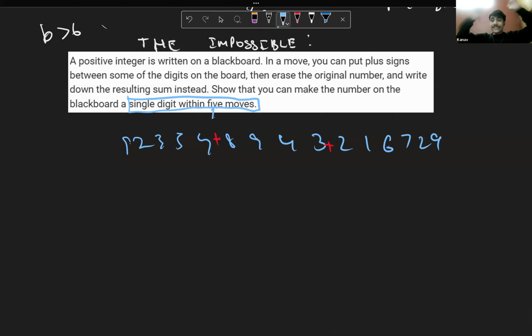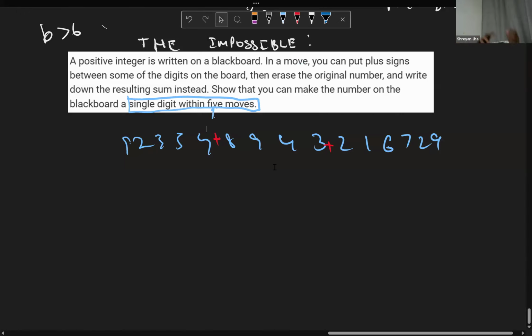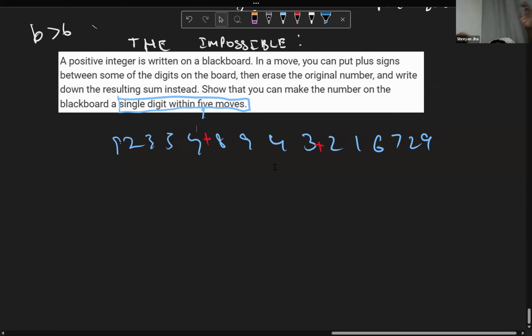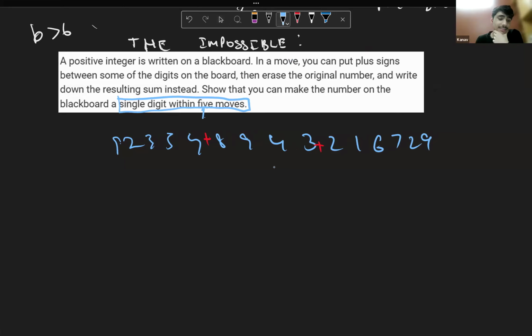Will it still work if our number of digits is greater than 32? This will work anytime, it works for any number you say. Is it because 9 plus 1 is 10, 5 plus 5 is 10, 7 plus 3 is 10, that type of thing? Wait, the number keeps decreasing, but you need to make it in 5 moves.